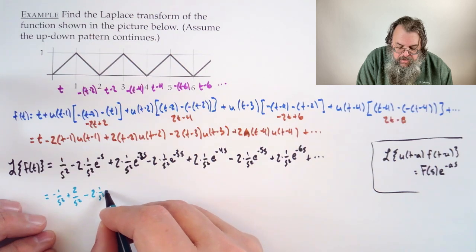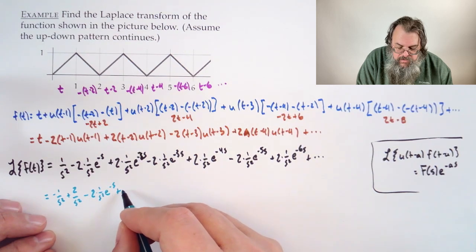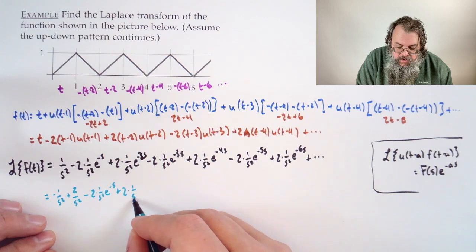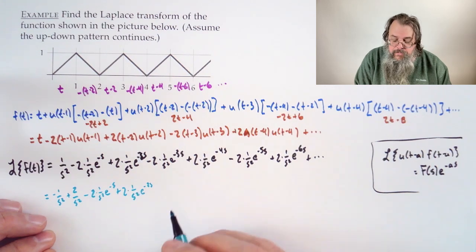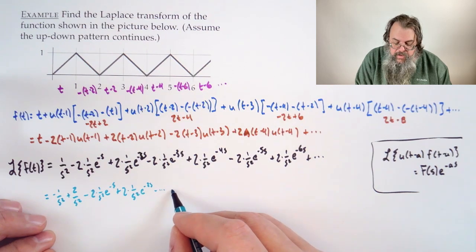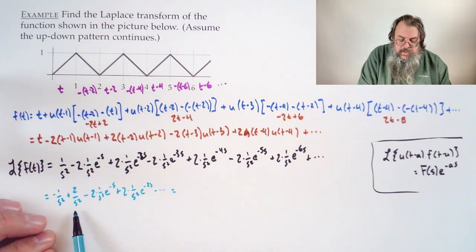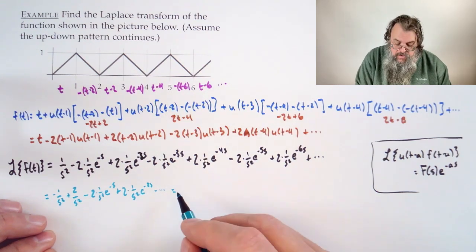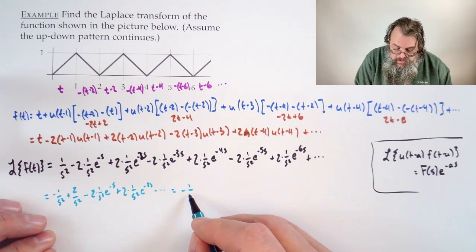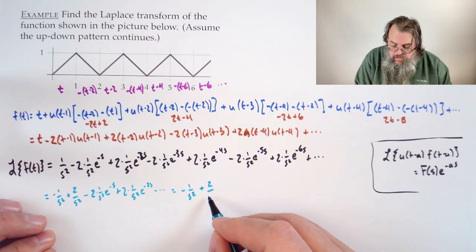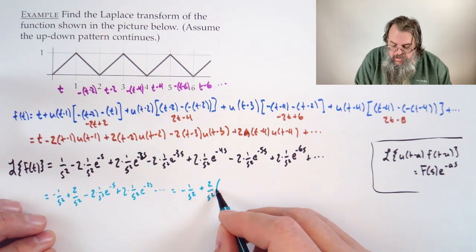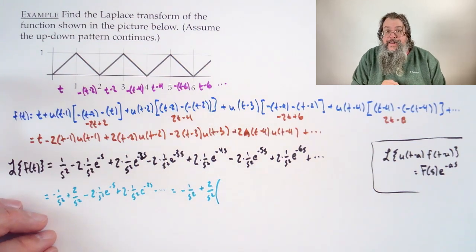All right, and you're probably thinking, well, that doesn't really do much. Why are you doing that? Well, I want things to look the same as much as possible. And in particular, everything has a 2 over s squared now. So we have that minus 1 over s squared in front, plus 2 over s squared times, and let's see what we have.